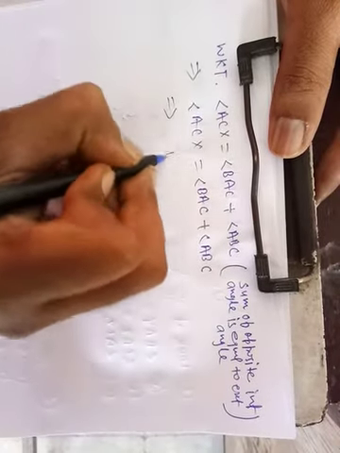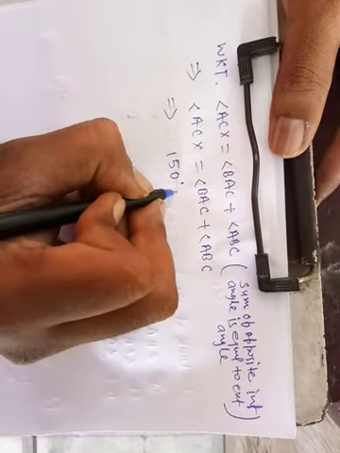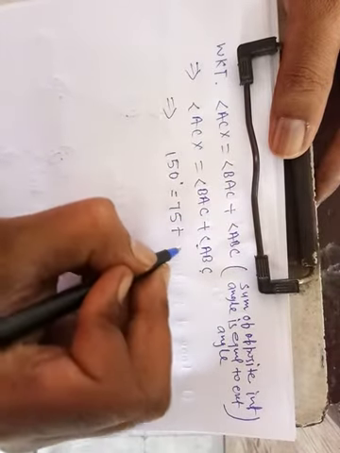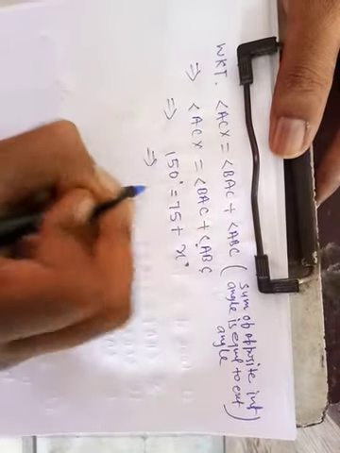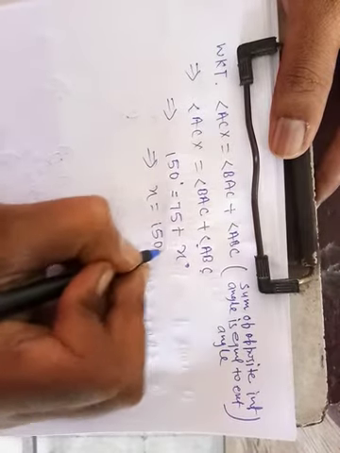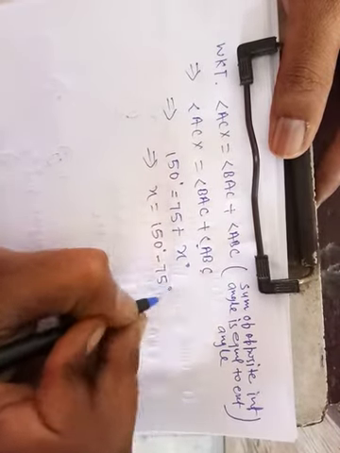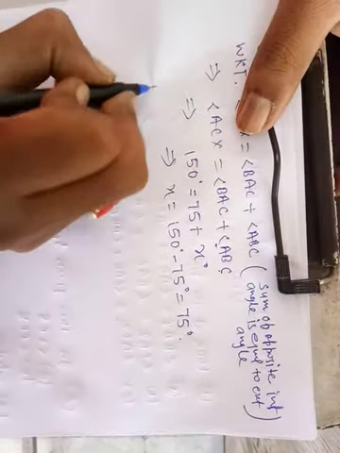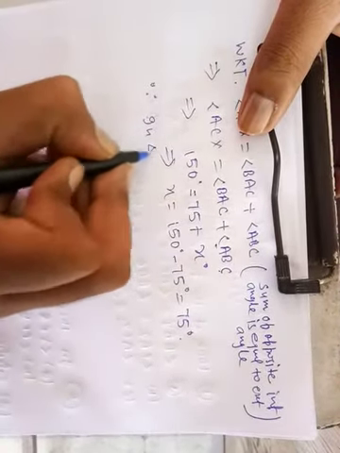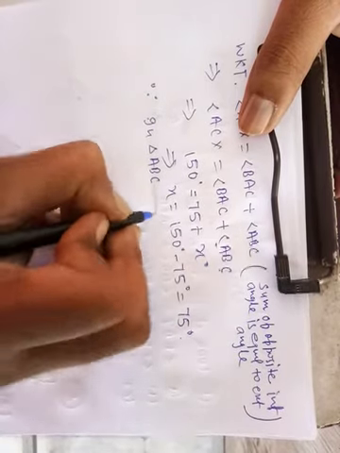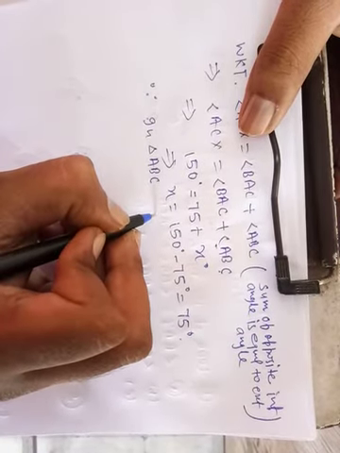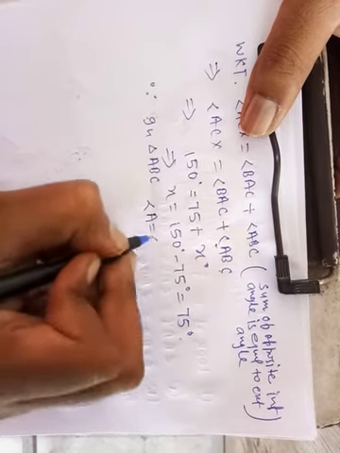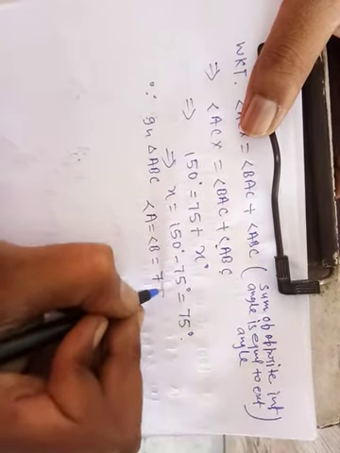Here angle ACX is given 150 degrees, angle BAC is equal to 75 degrees, and we'll let angle ABC is equal to x. So x is equal to 150 minus 75, then we get 75 degrees. So in triangle ABC, angle A is equal to angle B is equal to 75 degrees.